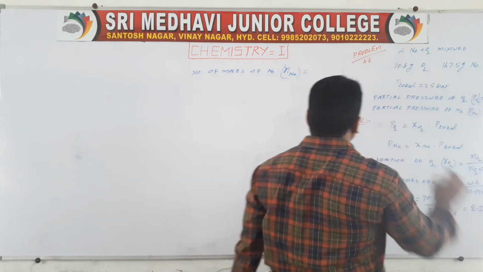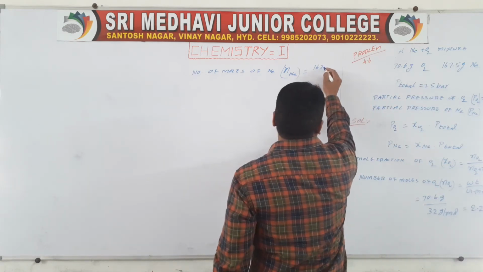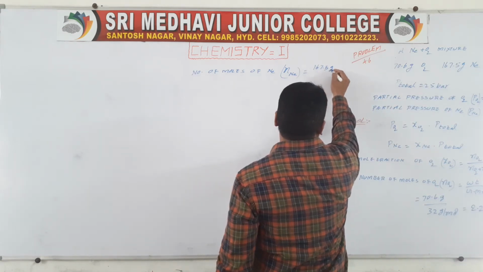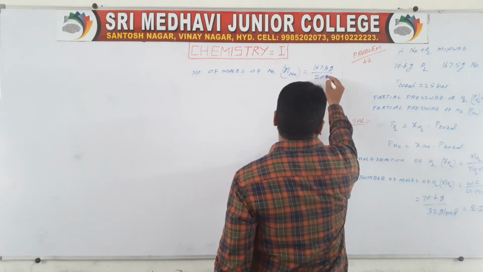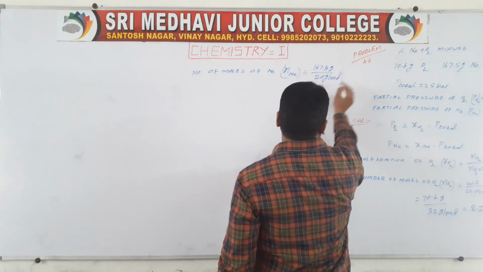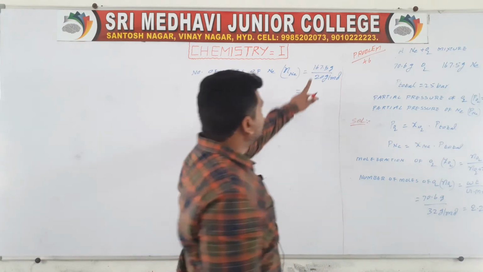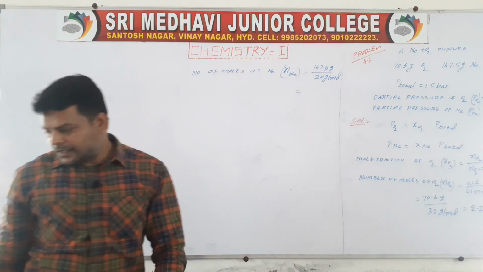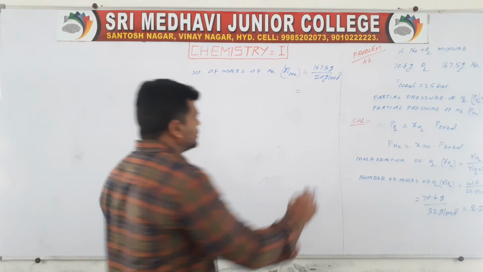NNe equals weight by gram molecular weight. The weight is 167.5 grams, divided by 20 grams per mole. So 167.5 by 20 means 8.375 moles.